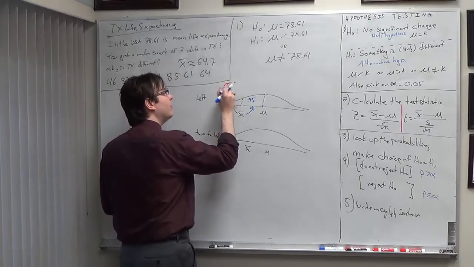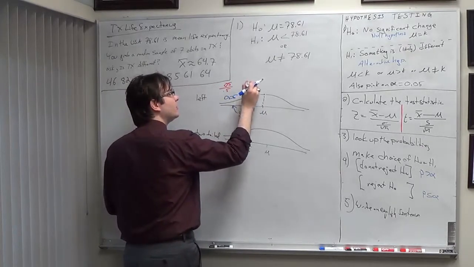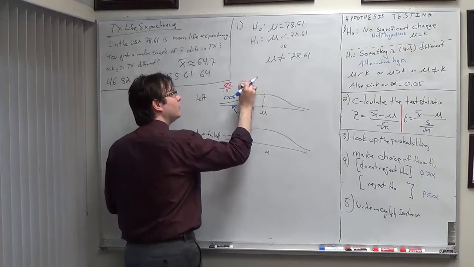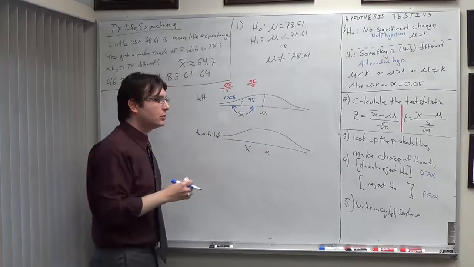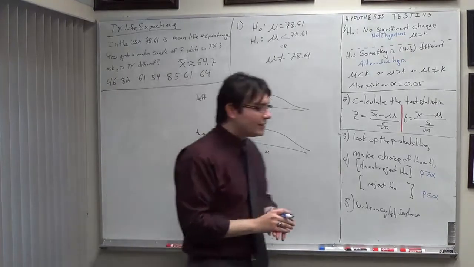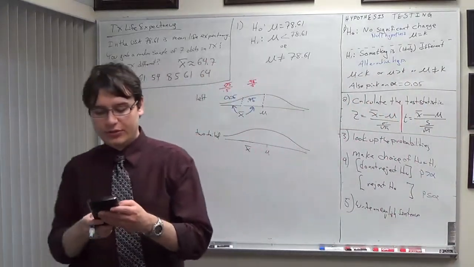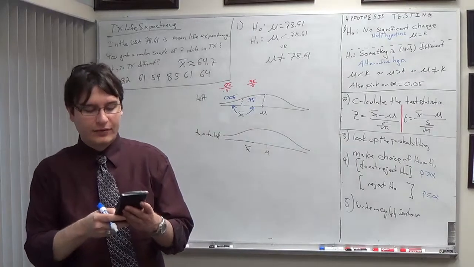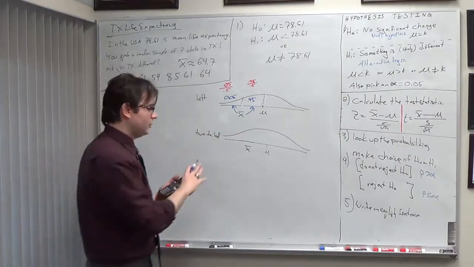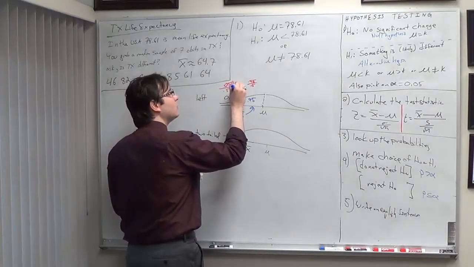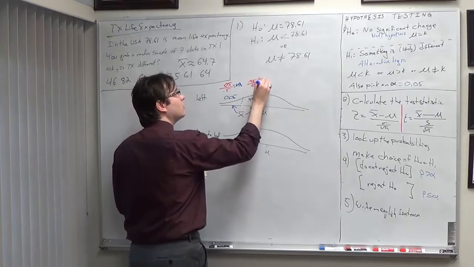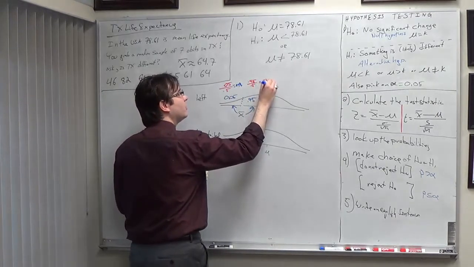So 0.05 over 0.5 versus 0.45 over 0.5. If we go ahead and calculate that, of course it's probably pretty straightforward, but 0.05 divided by 0.5 gives me 10%. And of course this is going to be 90%.